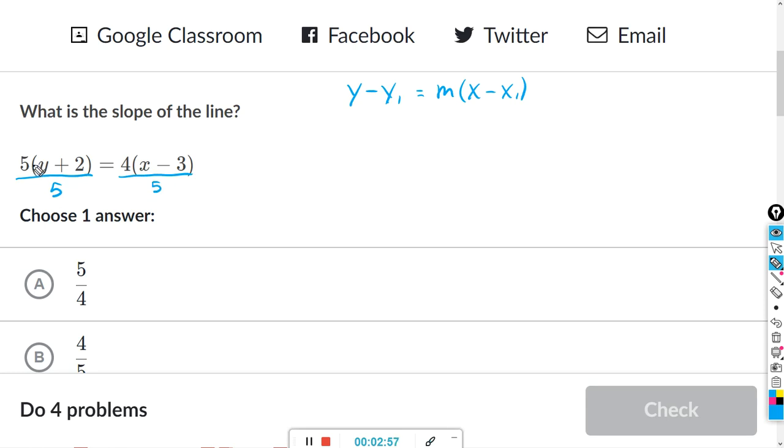Okay, because this is 5 times this whole thing. So if you divide both sides by 5, the 5's cancel. Okay, and we have y plus 2, and this whole thing over 5, that's the same as 4/5 times x minus 3.